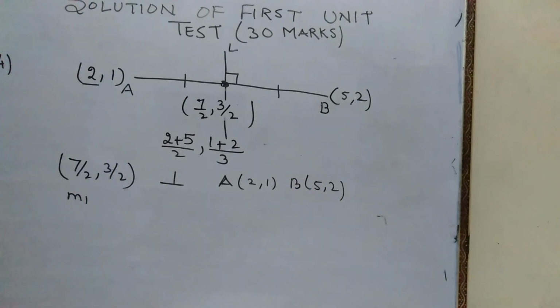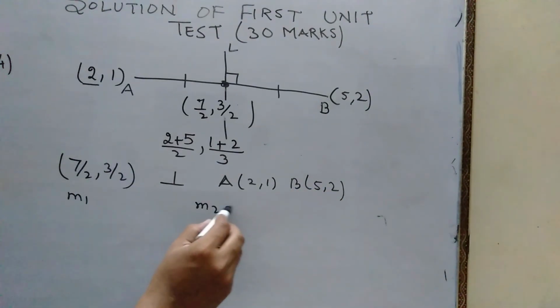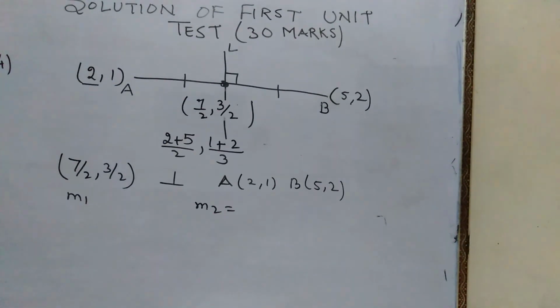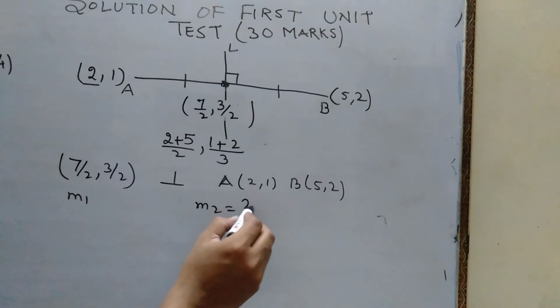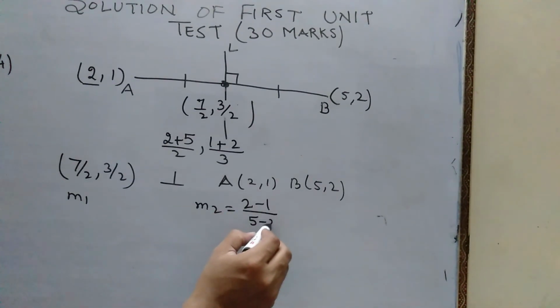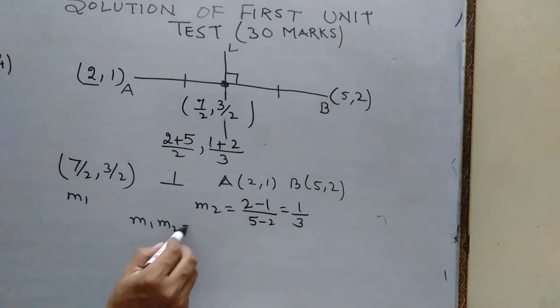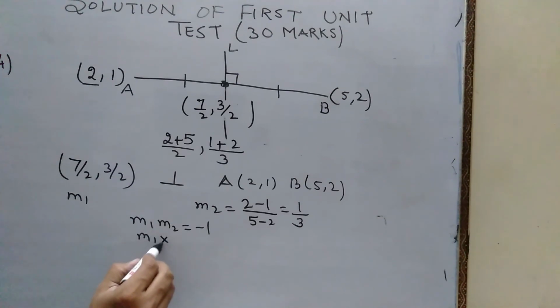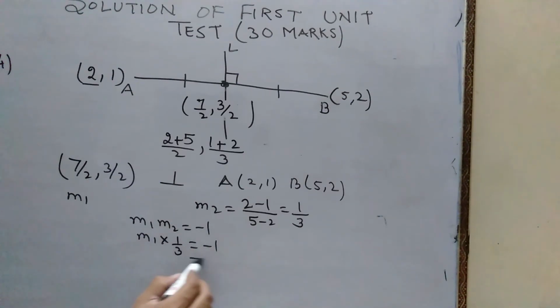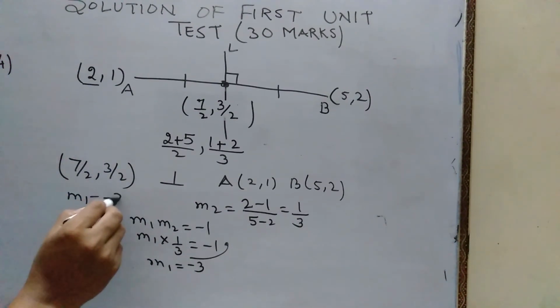Let the slope of this line be m1, and m2 we will find using the formula y2 minus y1 upon x2 minus x1, 1 upon 3. When two lines are perpendicular to each other, then the product of their slopes is minus 1. So m1 will be equal to minus 3.